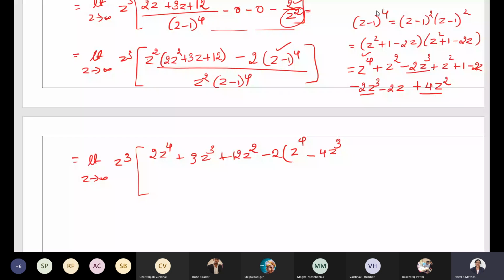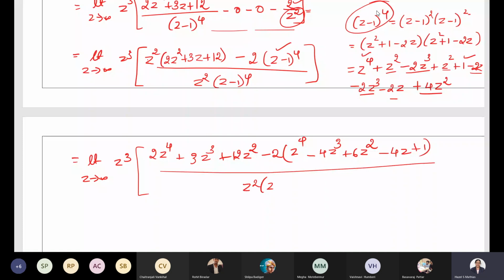Then check for z. Minus 2z minus 2z, minus 4z, and plus 1. So this is what we get when we find z minus 1 whole power 4, divided by what we have, z square into z minus 1 whole power 4.